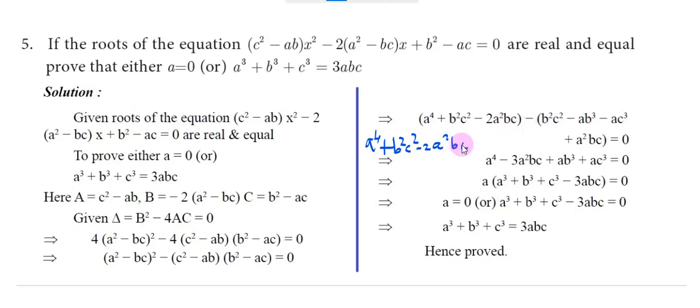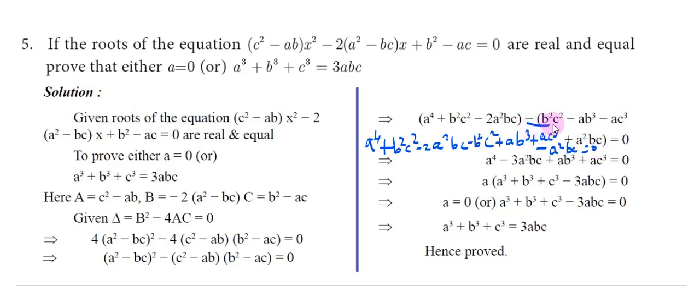Multiply the minus inside, so minus b square c square, minus into minus plus, so plus ab cube, minus into minus plus, so plus ac cube. Now minus into plus minus a square bc equal to 0.